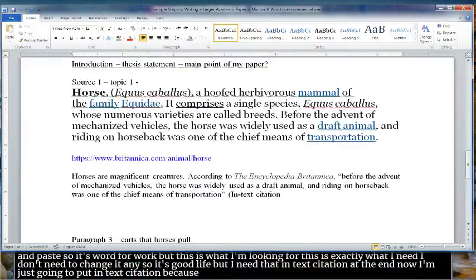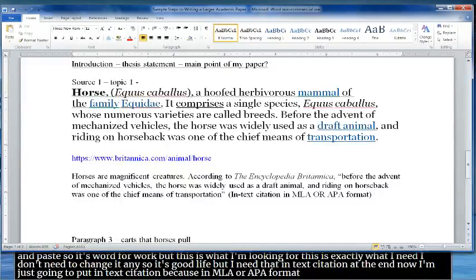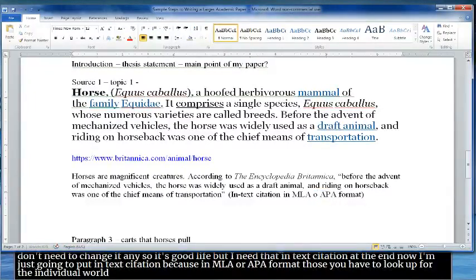because in MLA or APA format. Okay? Those you'll have to look up for the individual rules for that formatting to figure out what exactly goes here. Boom. There's my in-text.